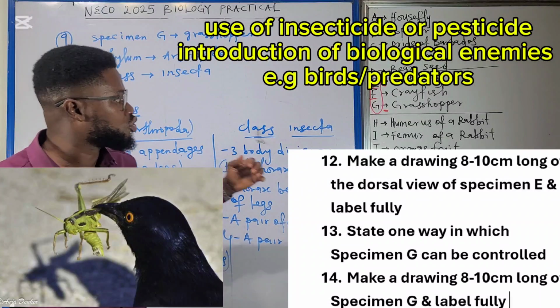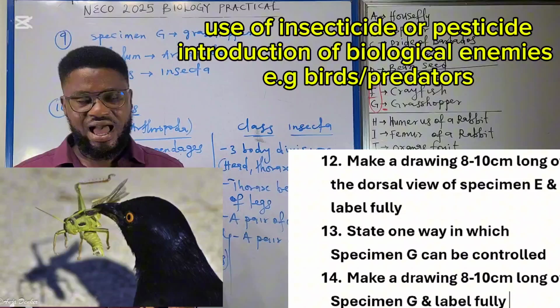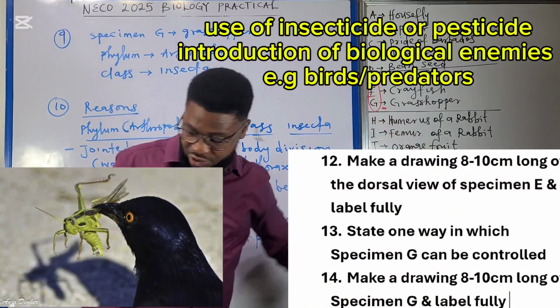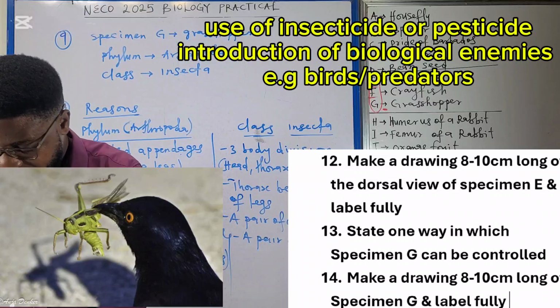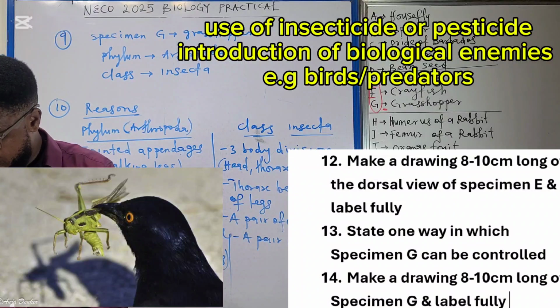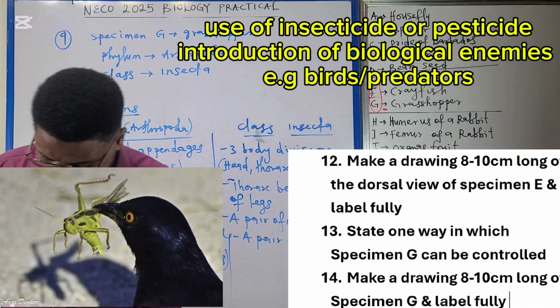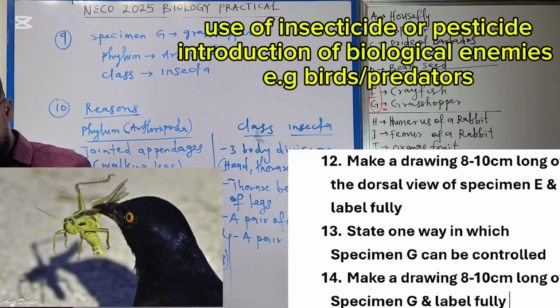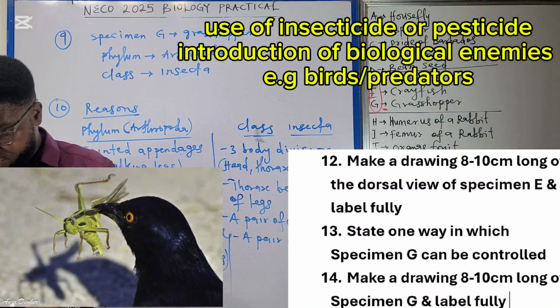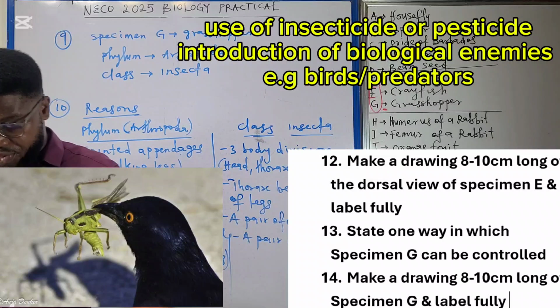So that answers that. Moving to question 13, it says state one way in which specimen G can be controlled. How can we control the grasshopper? Since they constitute a nuisance and reduce crop yield, we can control them by the use of insecticide or pesticide, and the introduction of biological enemies such as birds or predators.